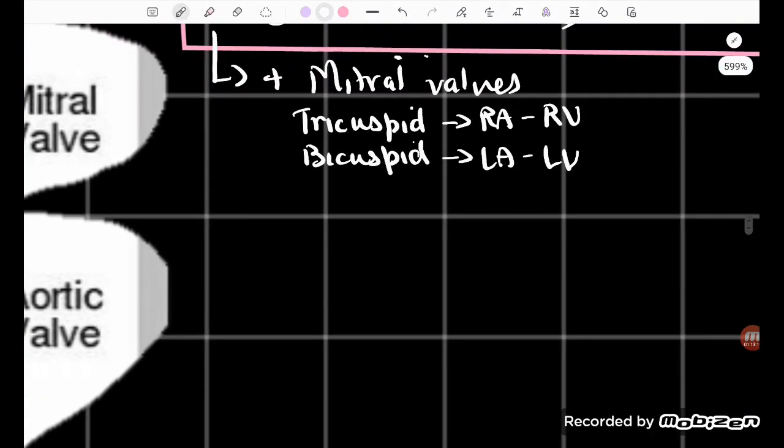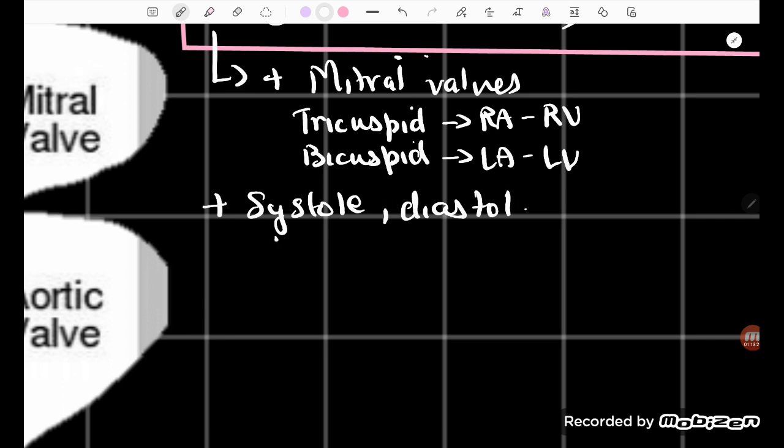It's very easy. Along with that, we'll talk about systoles and diastoles. Systole, diastole. When it is in contraction, it is systole. When something is in relaxation, it's diastole.